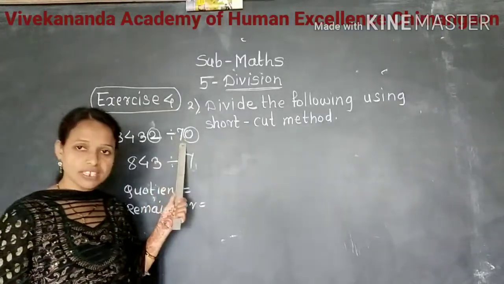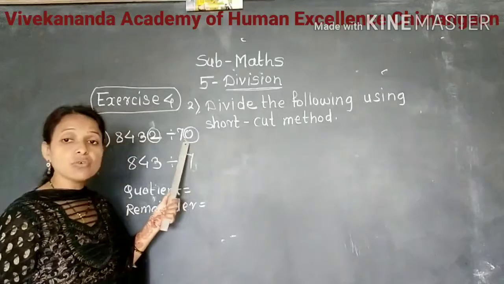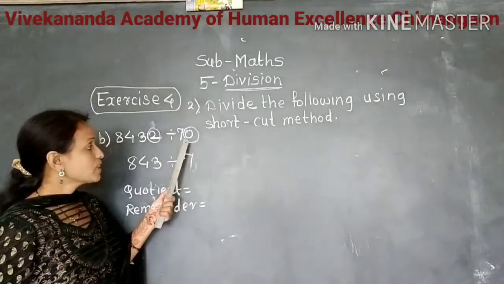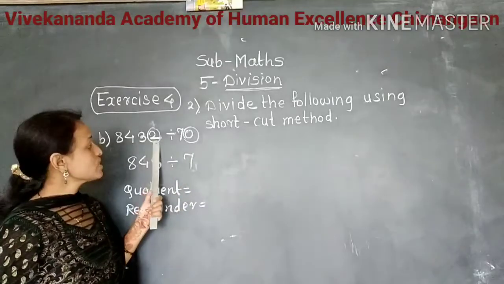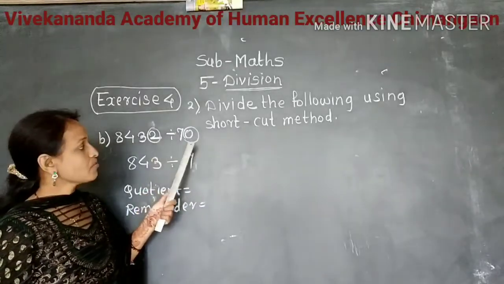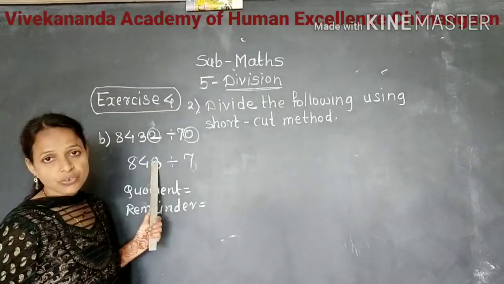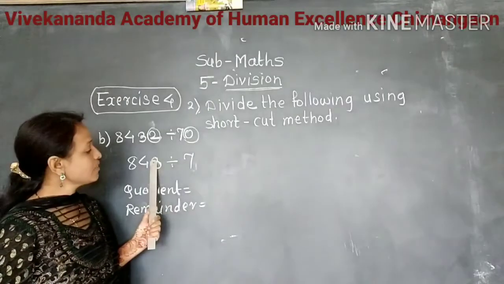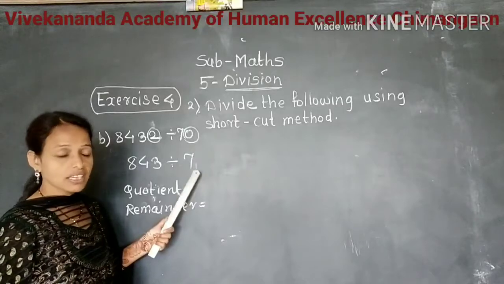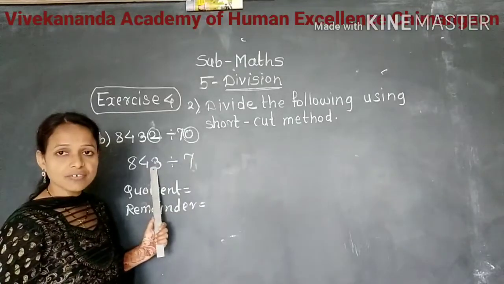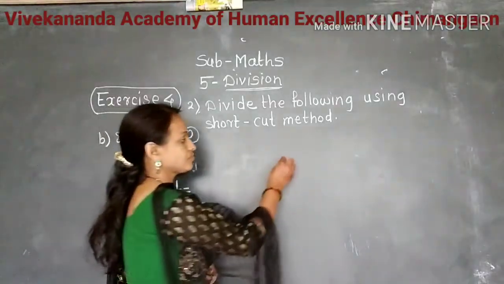From 70 we remove the ones digit 0 and get new divisor 7. Now we divide 843 by 7.